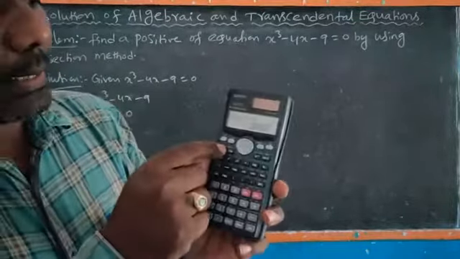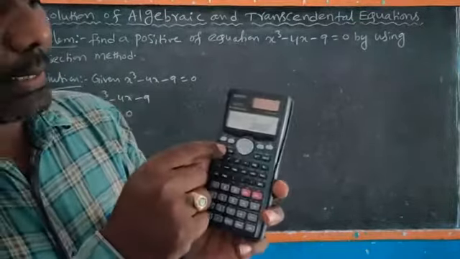Here f of 2 is less than 0 and f of 3 is greater than 0. Here there are opposite signs for f of 2 and f of 3. So a root lies between 2 and 3. Here we observed a root lies between 0 and 3, or 1 and 3, or 2 and 3. But 3 is near to 2. So a root lies between 2 and 3.